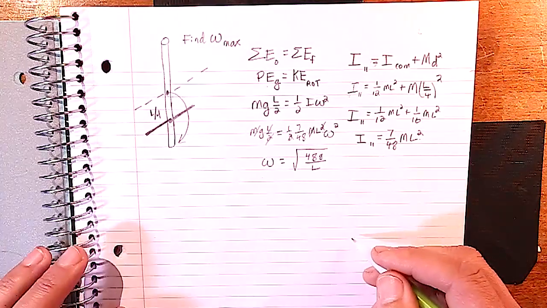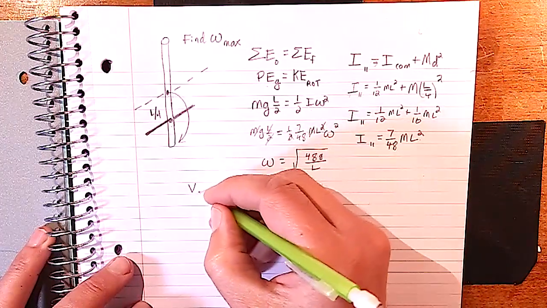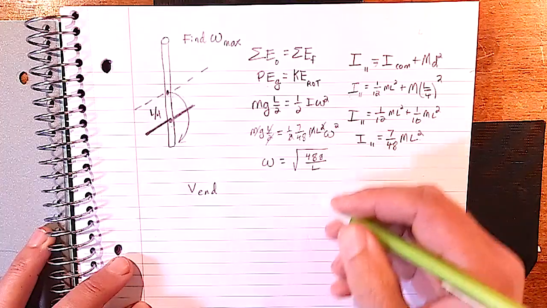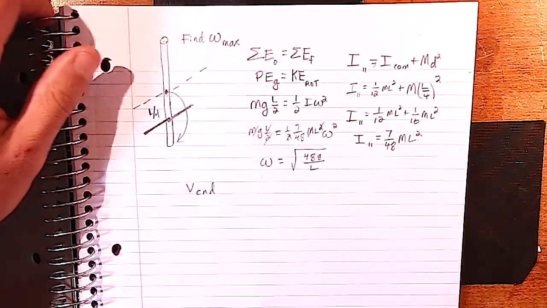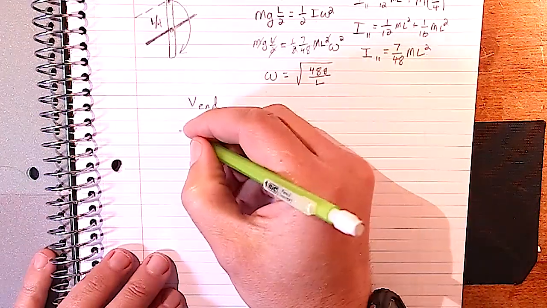But another common question is, how fast is the velocity of the end moving? So what's the speed of this point when it gets down there? Well, we can do that with v equals rho omega.